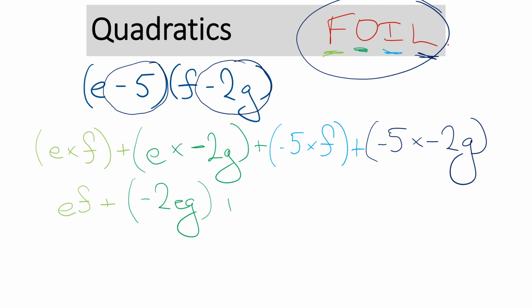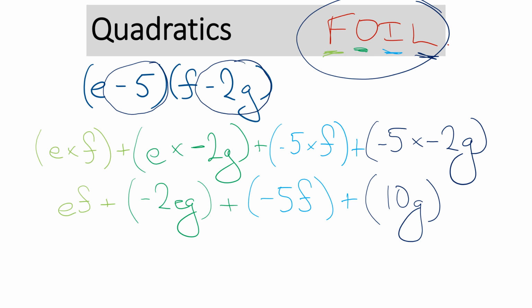Yeah? Right, we're going to add our next term. Negative 5 times f, negative 5f, right? Super easy. And then we're going to add our final term, negative 5 times negative 2g. Negative times a negative is going to be a positive, so we're going to come out with 10g, right?